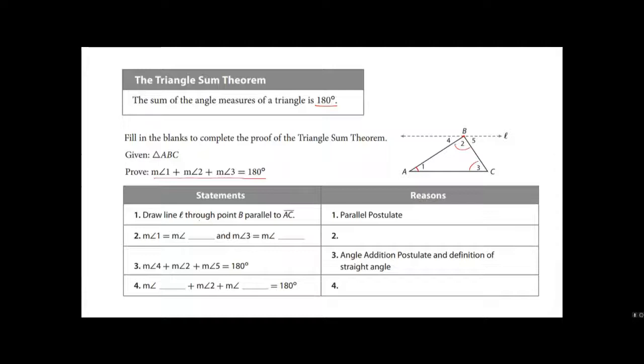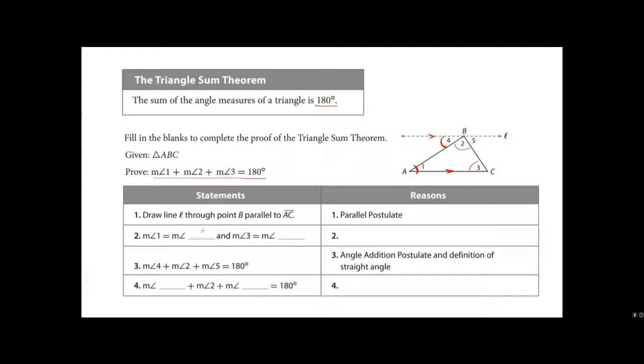Now it says draw a line through point B parallel to AC. This is the parallel postulate. So line L is going to be parallel to line AC. That's what those little arrows mean. If we think that way, angle 1 is going to be equal to some angle. Angle 1 is right here, and I see alternate interior angles.